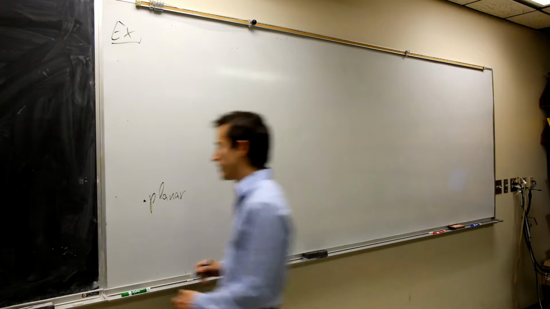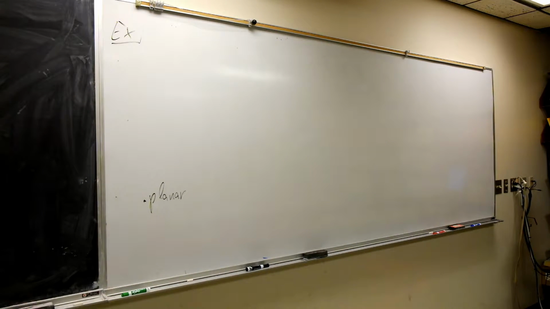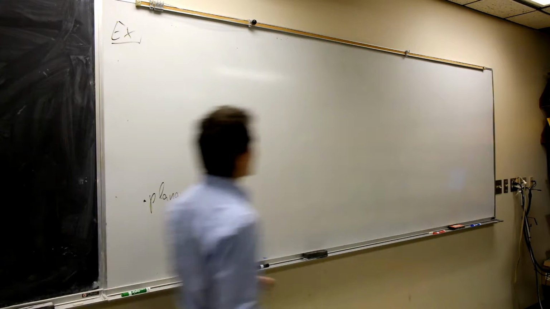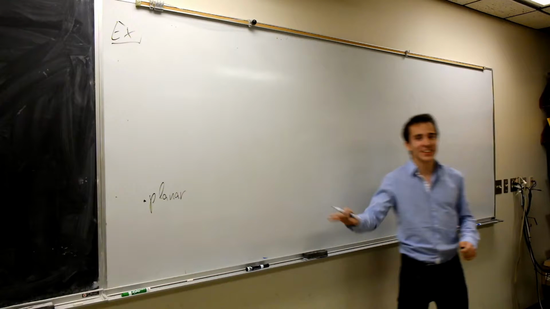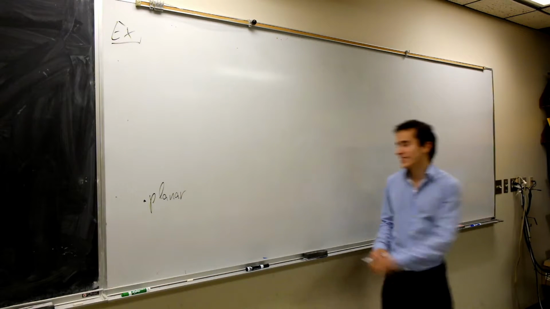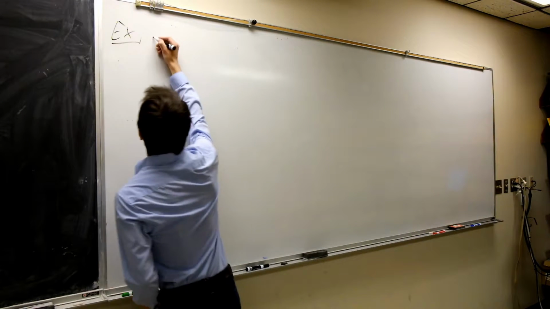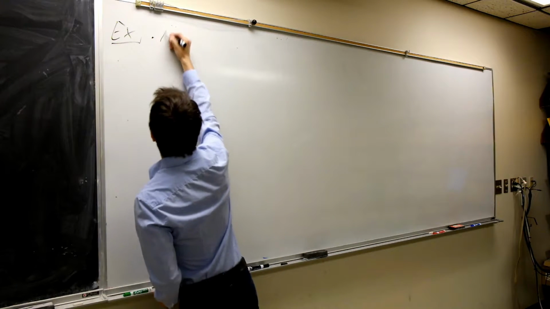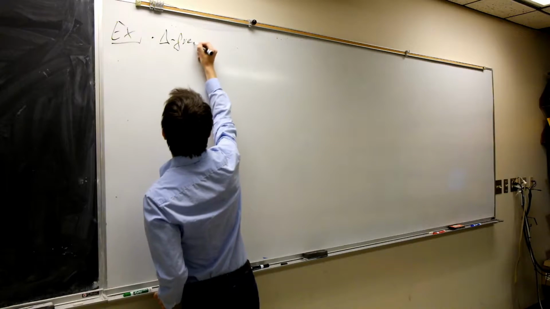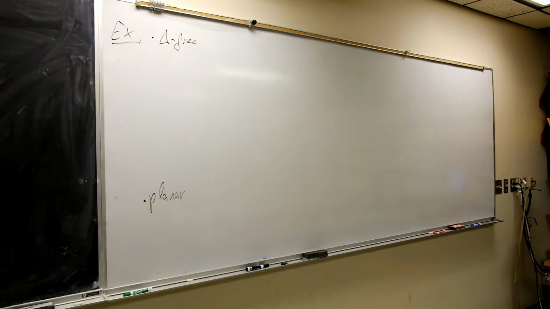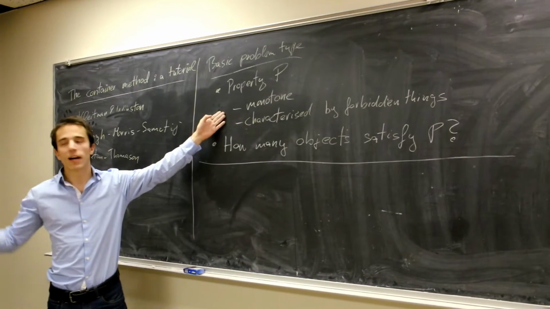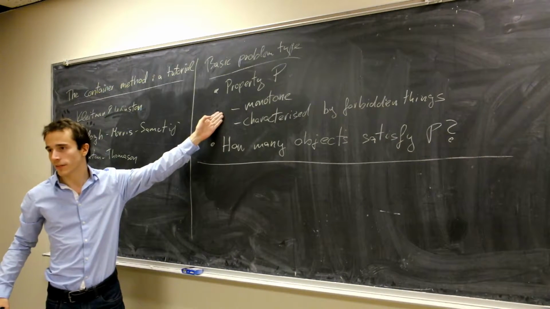Okay, so planar is minor monotone. I will get back to planar in 1 second. Okay, another example that's not planar. Triangle free. Very good, much better guess. Okay, so triangle free. Being triangle free is a monotone property because if a graph is triangle free, then every subgraph of it is also triangle free.